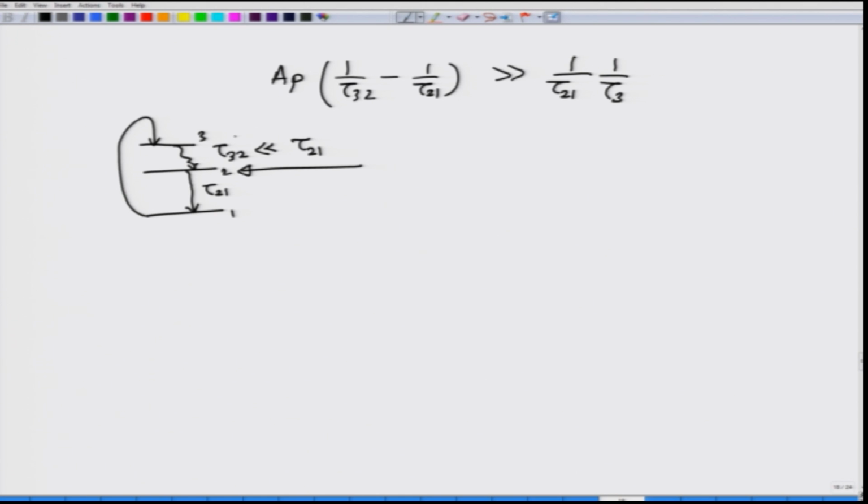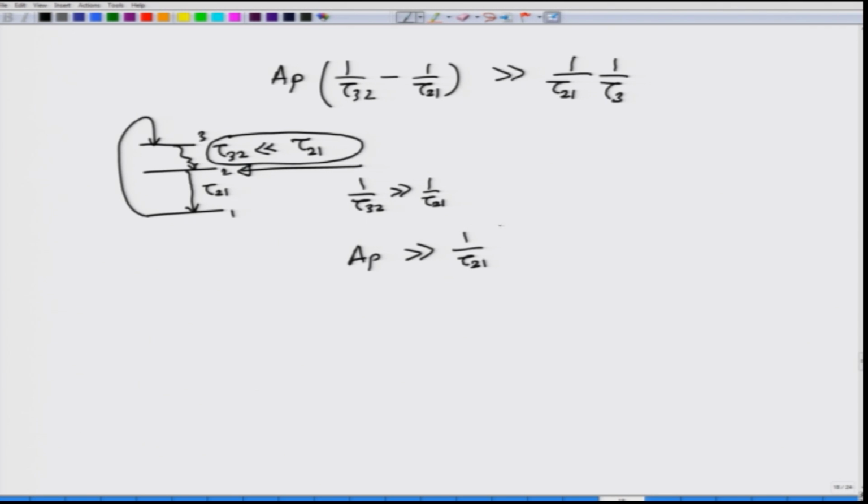Because tau 32 is much smaller compared to tau 21, 1 by tau 32 will be much larger than 1 by tau 21. So, you have A p being much larger than 1 by tau 21, because 1 by tau 32 will actually, oh sorry, this is 1 by tau 3, but anyway this can be approximated and multiplied by tau 32 and then cancelled out.